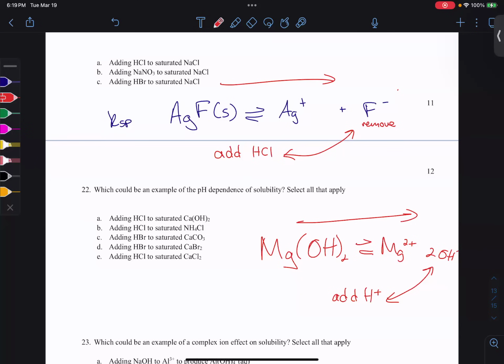Have you ever done the experiment where you soak an egg in vinegar? No? Yes? What happens to the egg? The shell dissolves. What is vinegar? An acid. And now I have to tell you, eggshells are made of calcium carbonate. So what is the Ksp of this? Calcium 2+ and carbonate 2-.